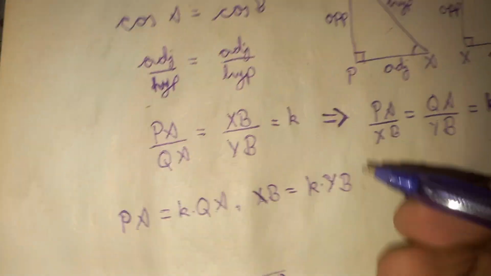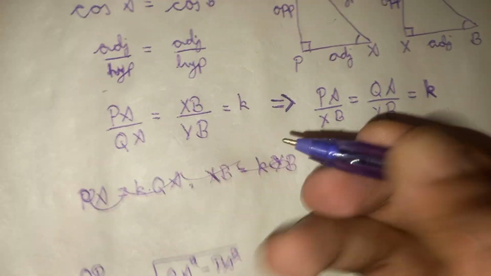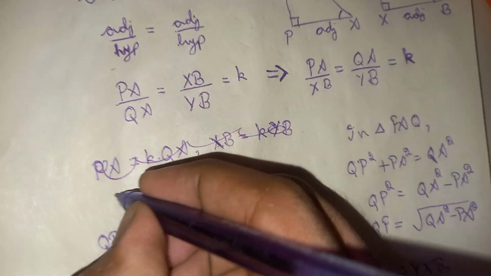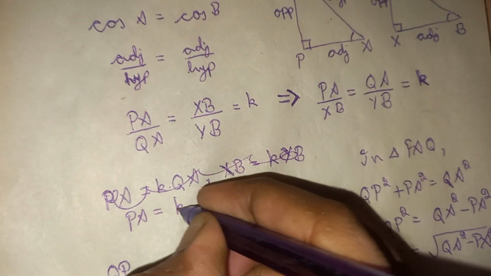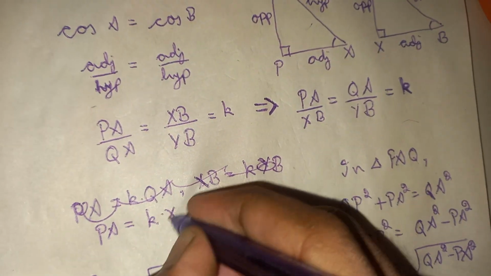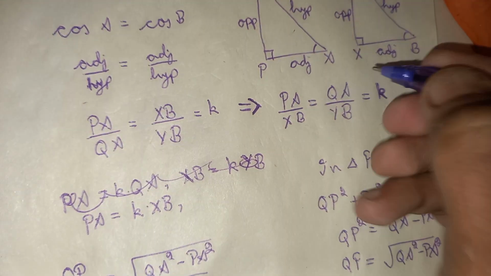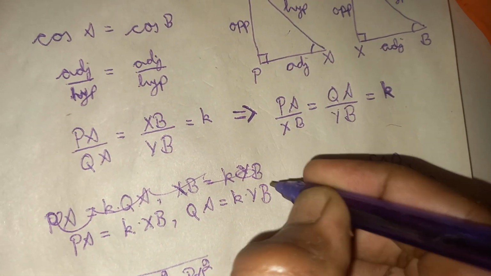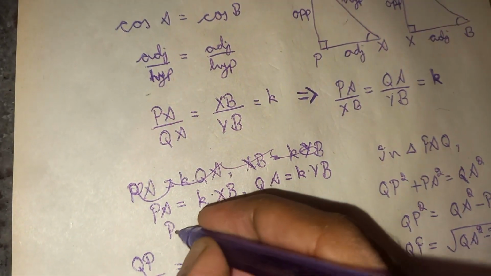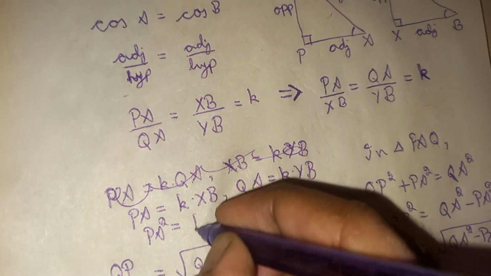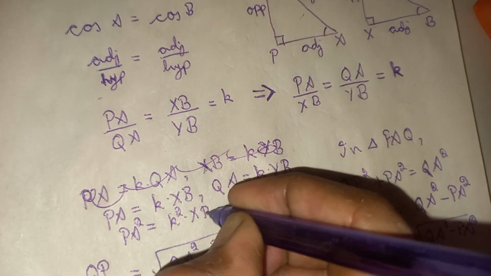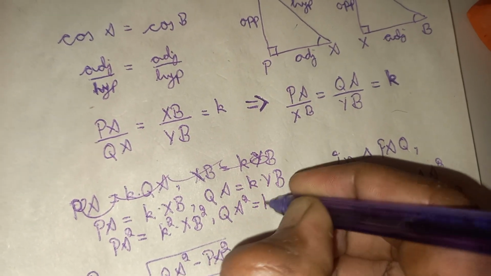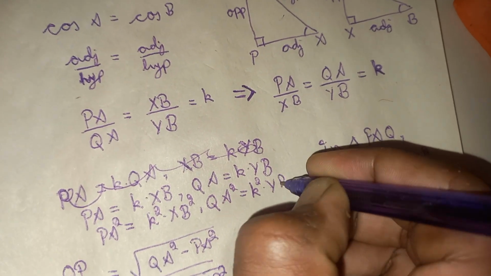Here you must take the ratio. PA equals K times XB, and QA equals K times YB, and squaring both, PA square equals K square XB square, and QA square equals K square YB square.